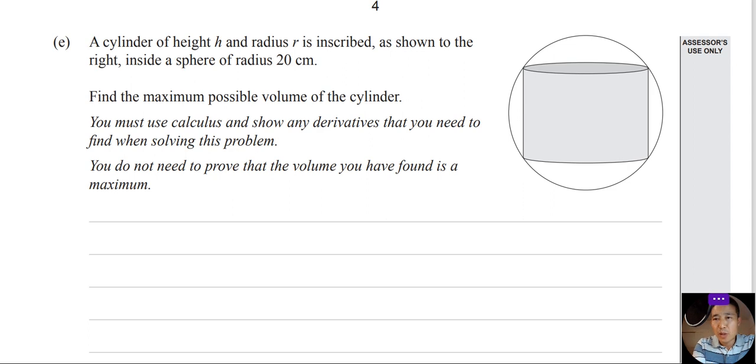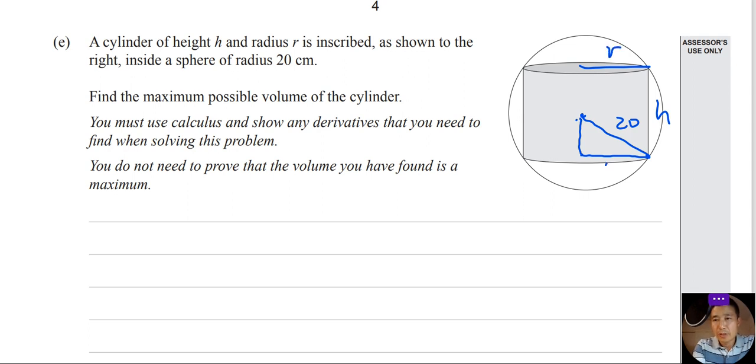Now, the radius is 20, so that means the center of this sphere to the surface is 20. Then can you imagine there is this triangle over here? Say this is h and this is r, the radius of this cylinder.